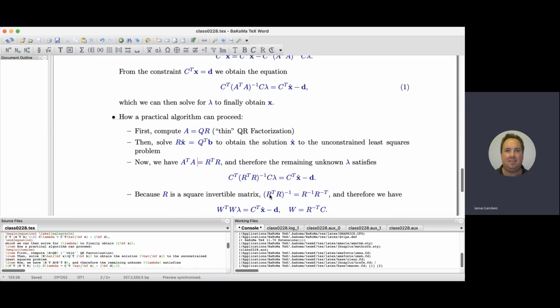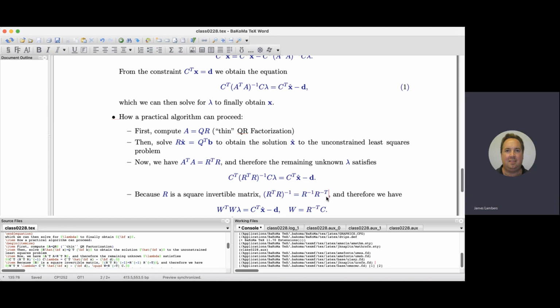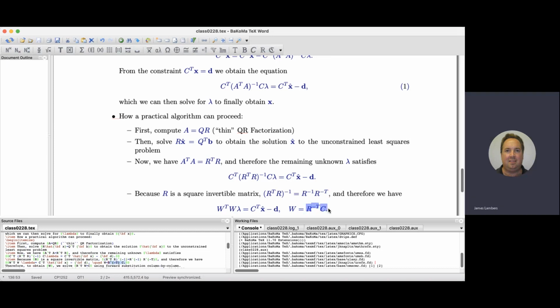If we keep in mind that the inverse of R transpose R has this form, using the properties of the inverse, the inverse of a product is the product of the inverses in reverse order, then this system is equivalent to this one, where the matrix W is defined to be R inverse transpose C. If I can get W efficiently, then this is no problem to solve.